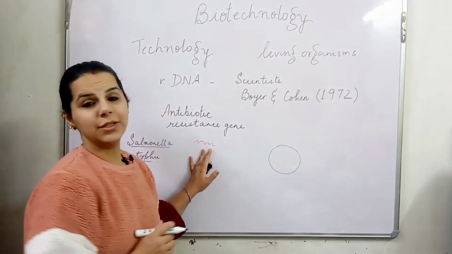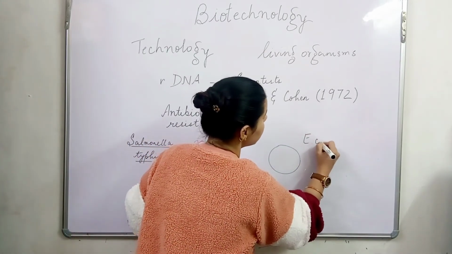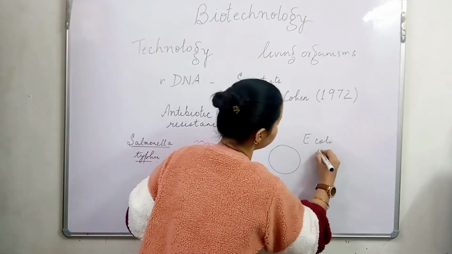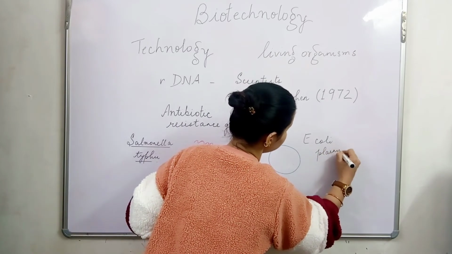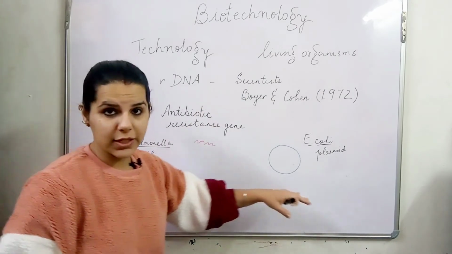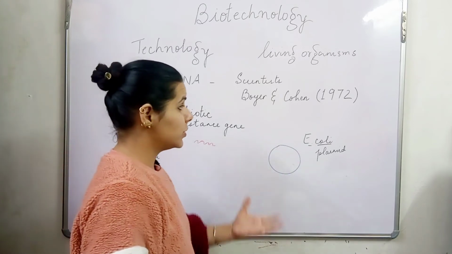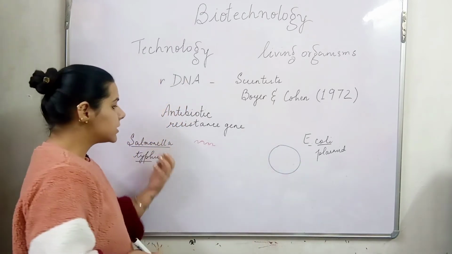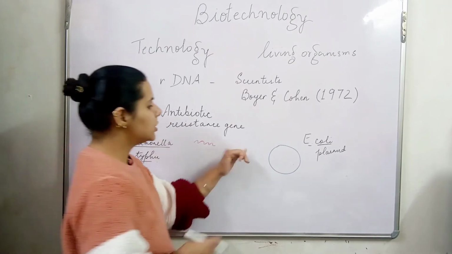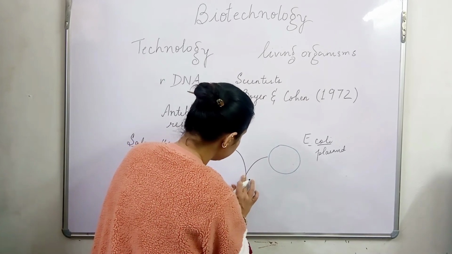And this is the gene that they isolated, and they inserted this gene into the E. coli plasmid, the plasmid of E. coli. We'll be discussing this process in detail in our next video, but this is just to give you a general idea of how it happened and what it was about. So this is the Salmonella typhi antibiotic resistance gene, and this gene is inserted into the plasmid of the E. coli.